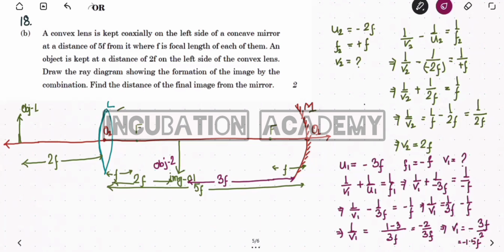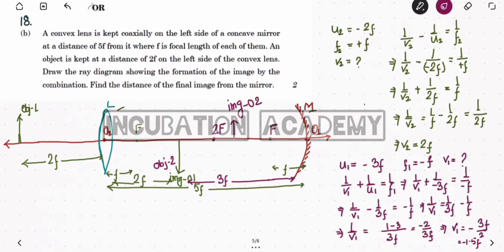We are getting the image between f and 2f, so the logic is satisfied here. If this is the f for the mirror, then this is the 2f for the mirror. The image is inverted, so the image will be like that, and the image is here. That is the image formed by the mirror.